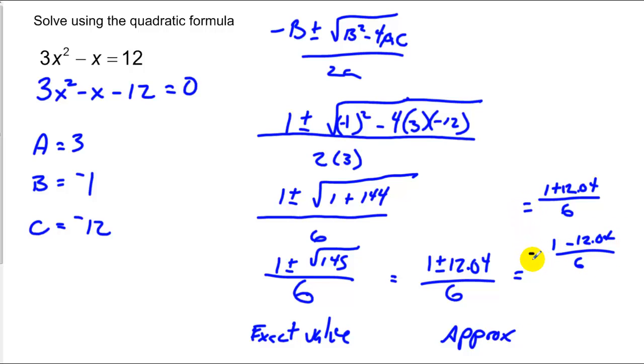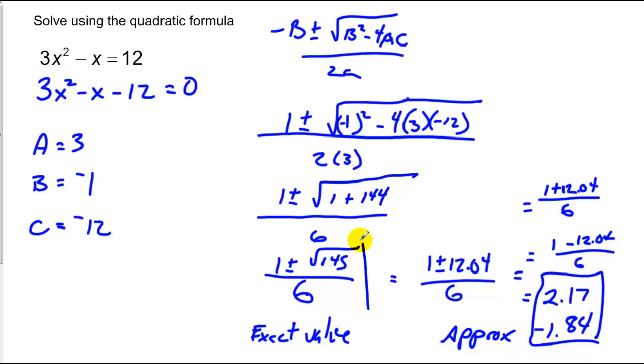And again, those would equal roughly 2.17 and negative 1.84. Those are the approximate values. Once again, exact values have no decimal, in simplified radical form.